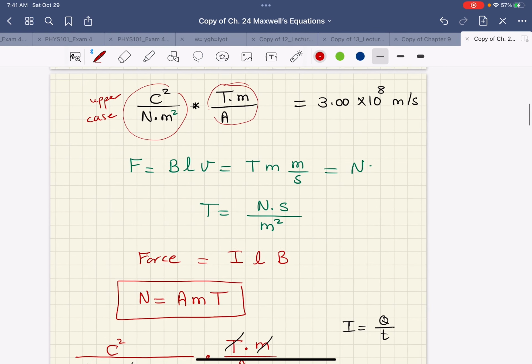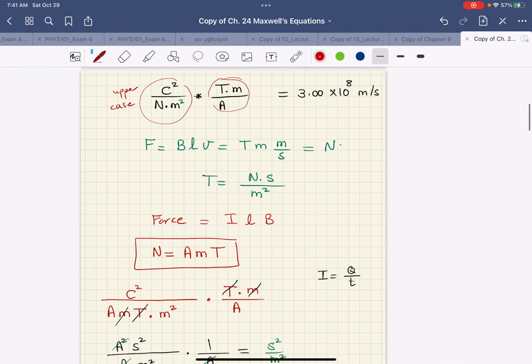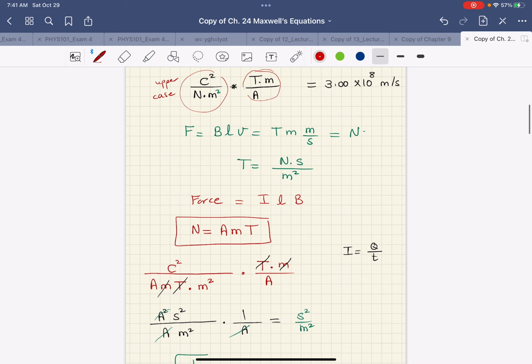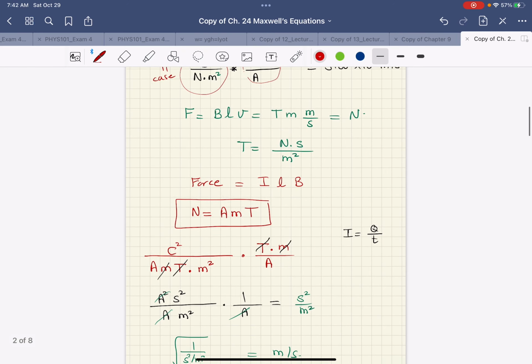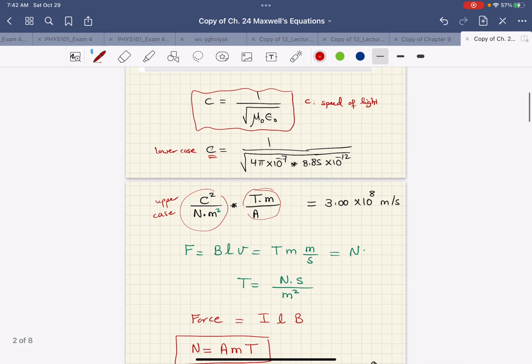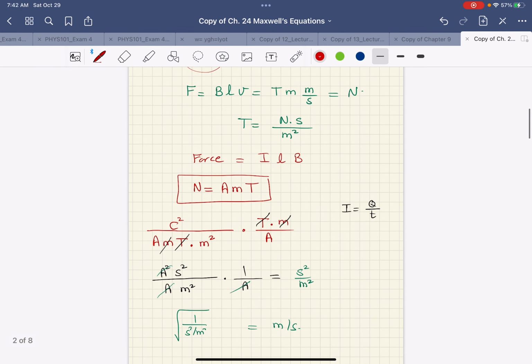Here we can show the derivation for units from the force equals BLV, equal to a newton, and how we define the tesla, and then reaching the same derivation, just to show you that the unit we are going to have here is meters per second.